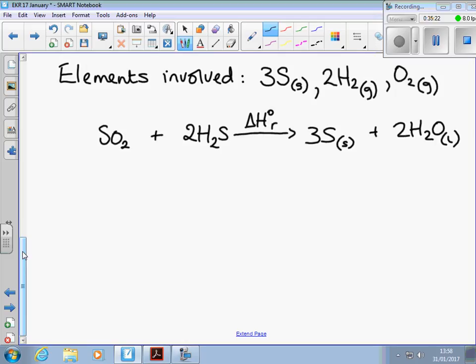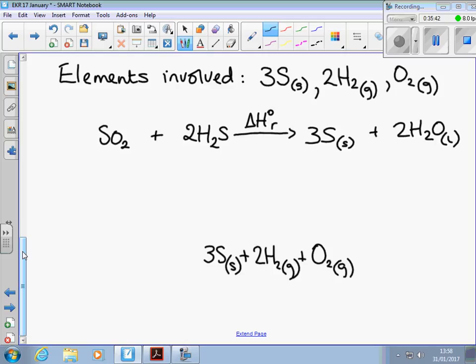So this is where the triangle is going to come in down here. So our 3S, let's put the state symbols with them at least. We'll put them as plus 2H2 in gaseous form, plus an oxygen as gas.